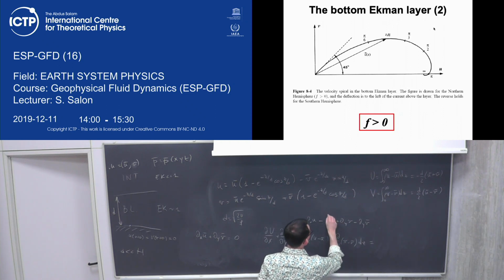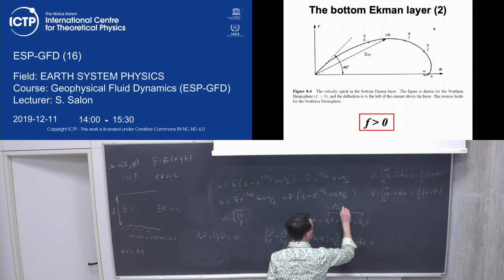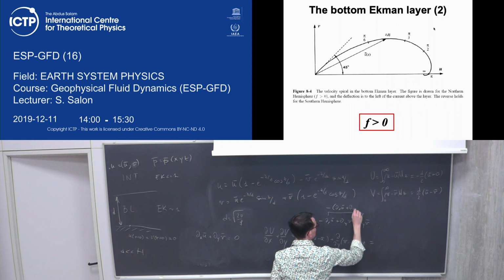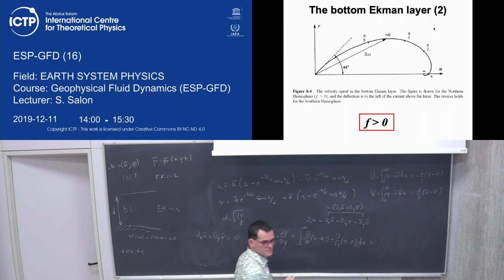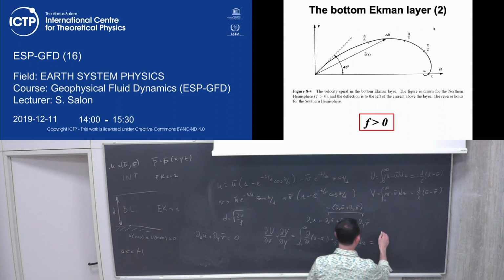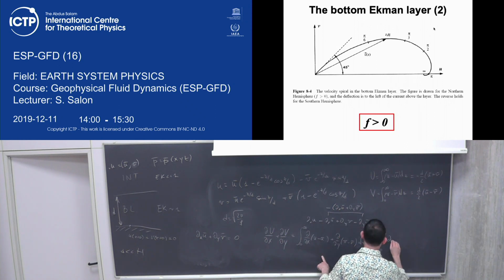So I can put a minus, and I have dx u bar plus dy v bar. Okay? So this part here goes to 0 because we know that it is 0. So we just obtain du dx plus dv dy in this end.